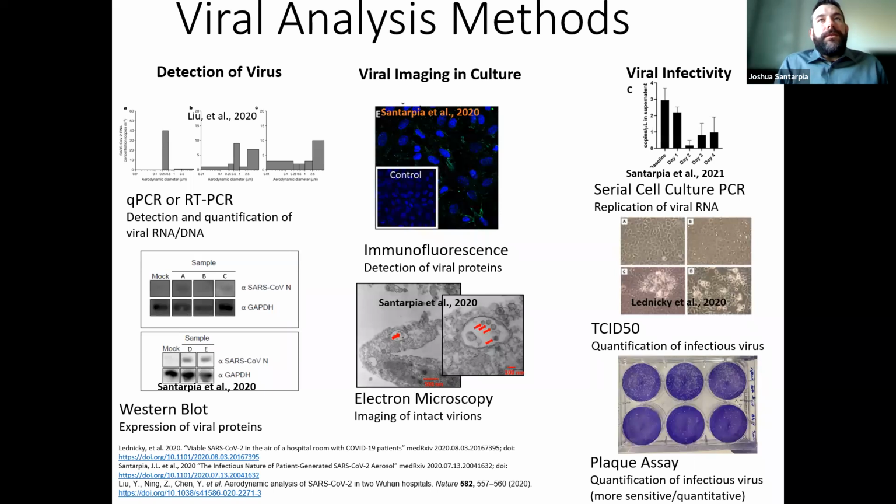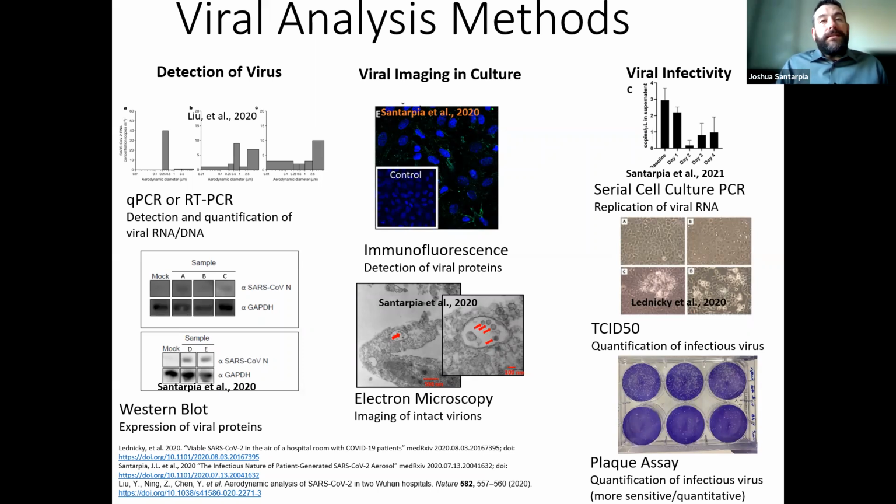So these are some of the viral analysis methods that we talked about. qPCR, RT-PCR, that would be qRT-PCR if it's quantitative for RNA. PCR refers to amplification of DNA, RT-PCR, reverse transcriptase PCR, refers to converting RNA to DNA and then doing PCR on it.